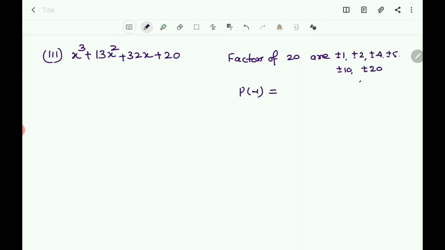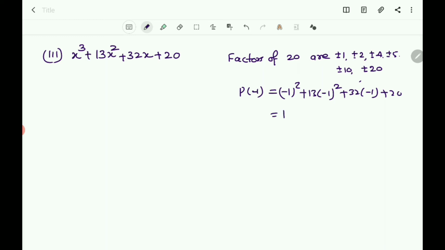Simply taking positive is a waste of time because all terms have a positive sign, so you take the negative factor. So it is (-1)^3 + 13(-1)^2 + 32(-1) + 20.